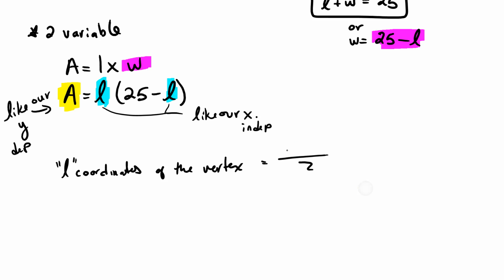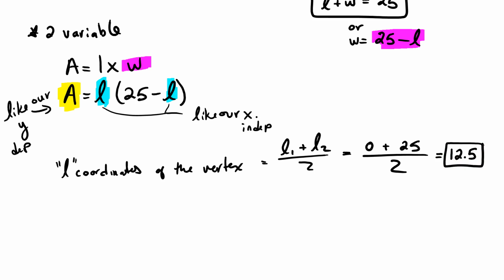So the L-coordinate is going to be L1 plus L2 divided by 2. Now, just by looking at this, when we set our A equal to 0, which is like our y, I say 0 equals L times 25 minus L. So I know that my two L-intercepts are going to be 0 plus 25 divided by 2. So the L-coordinate of the vertex is actually going to be 12.5. And this makes sense. It's okay to have a length of 12.5. So we don't have to do any rounding either way.